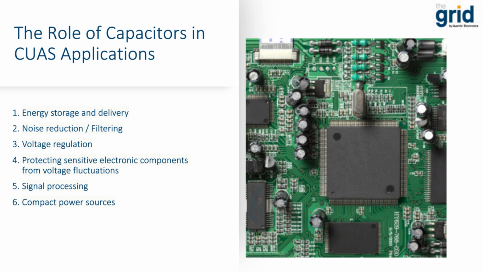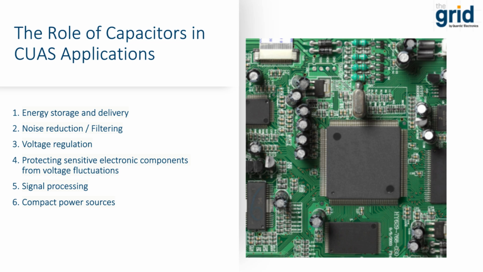So, what role do capacitors play? Now, capacitors have a variety of functions within C-UAS weapon systems. Some key functions include energy storage and delivery. So capacitors are crucial components in electronic systems for storing and rapidly releasing energy.